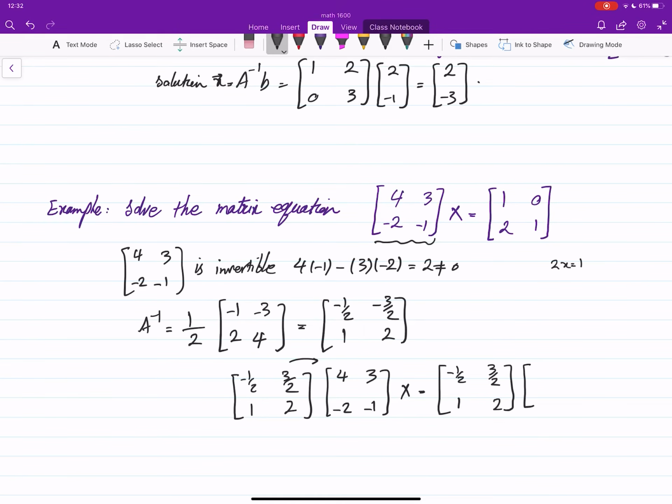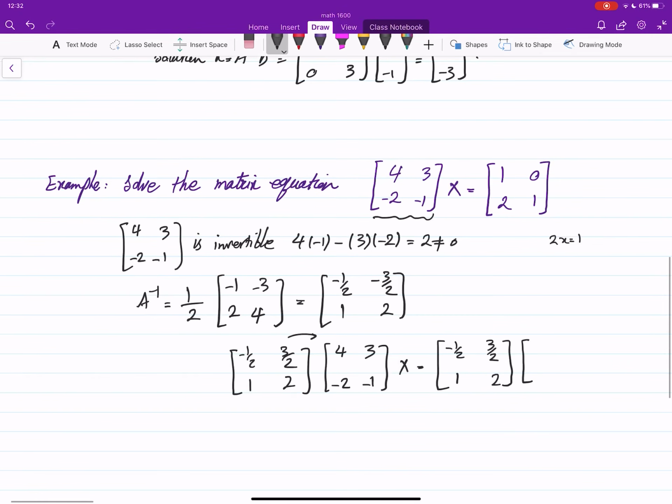And here 1, 0, 2, 1. This is A inverse times A, so this would be the identity matrix times x, equal to, we have to multiply: negative half times 1 plus 3 over 2 times 2 gives us 5 over 2.